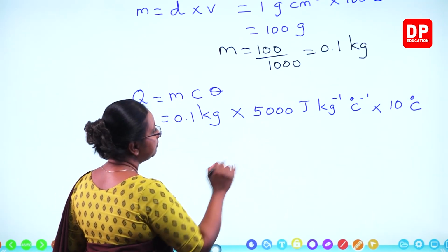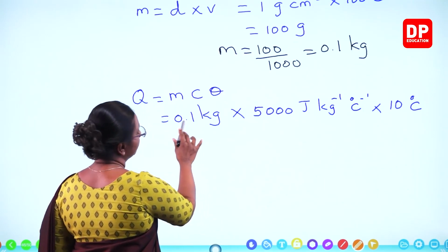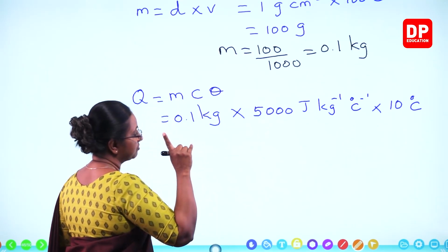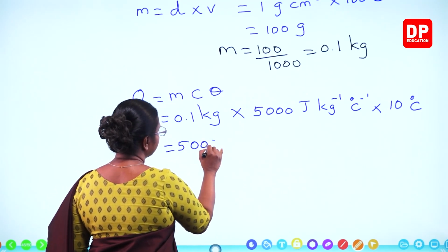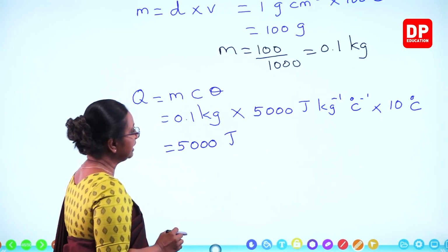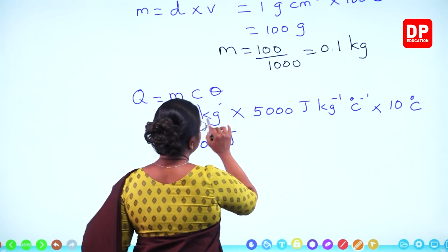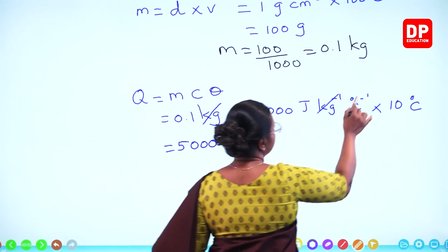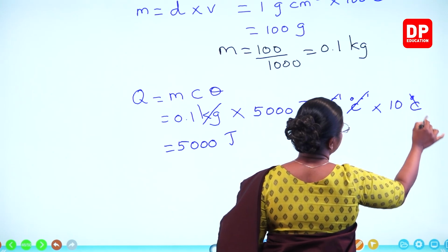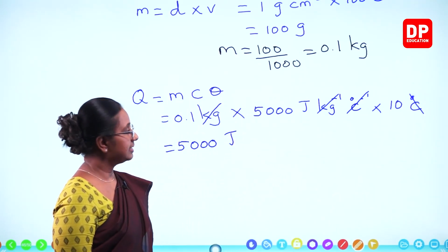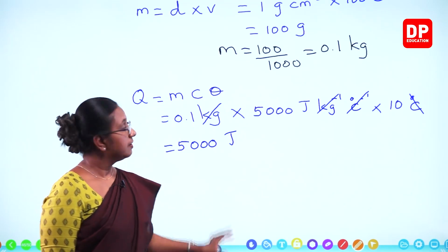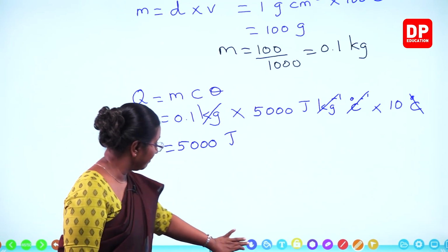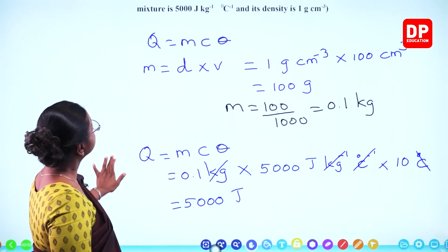So then, if you calculate the value, 0.1 into 10 becomes 1. So 1 into 5000 is 5000, and the unit will be in joules. Why? The kilogram minus 1 and degree Celsius minus 1 get cancelled off. So you end up with the unit joules. 5000 joules of heat will be released.